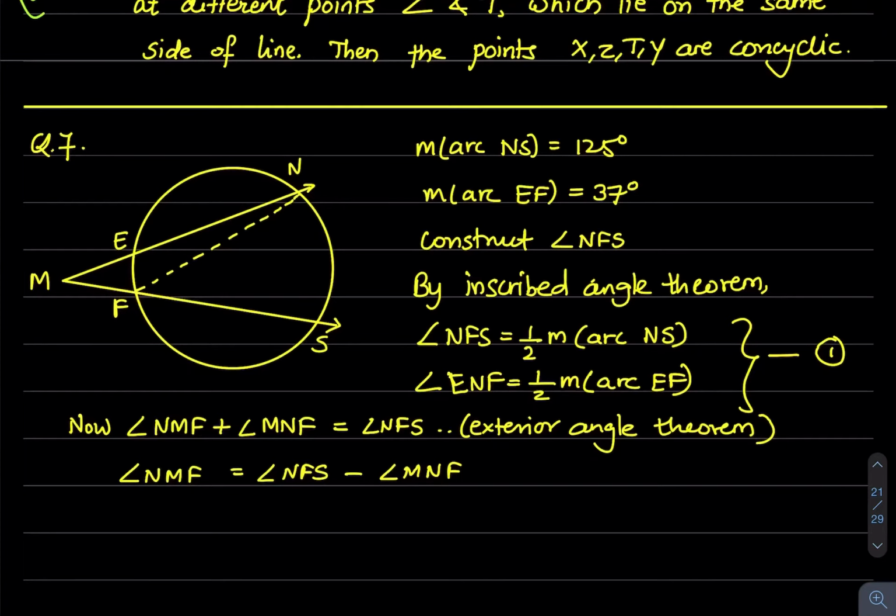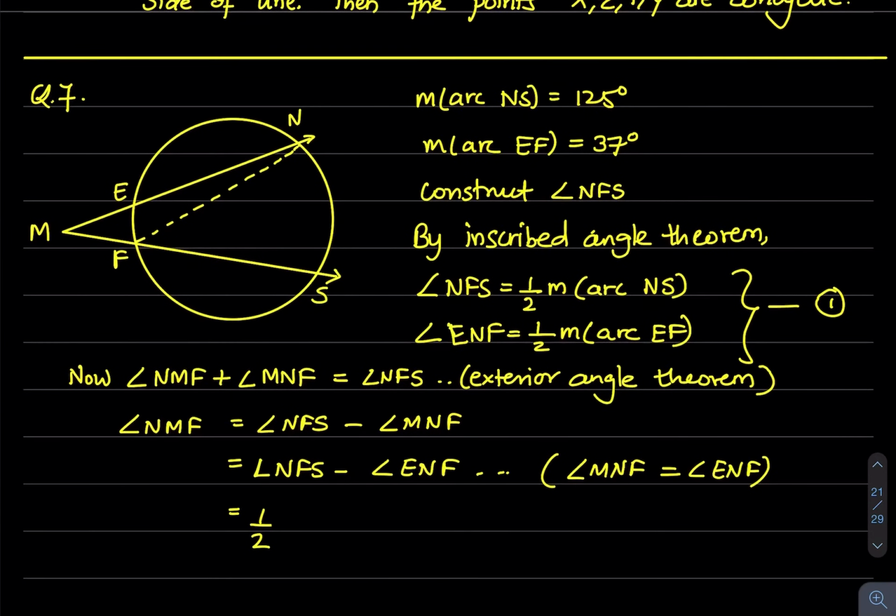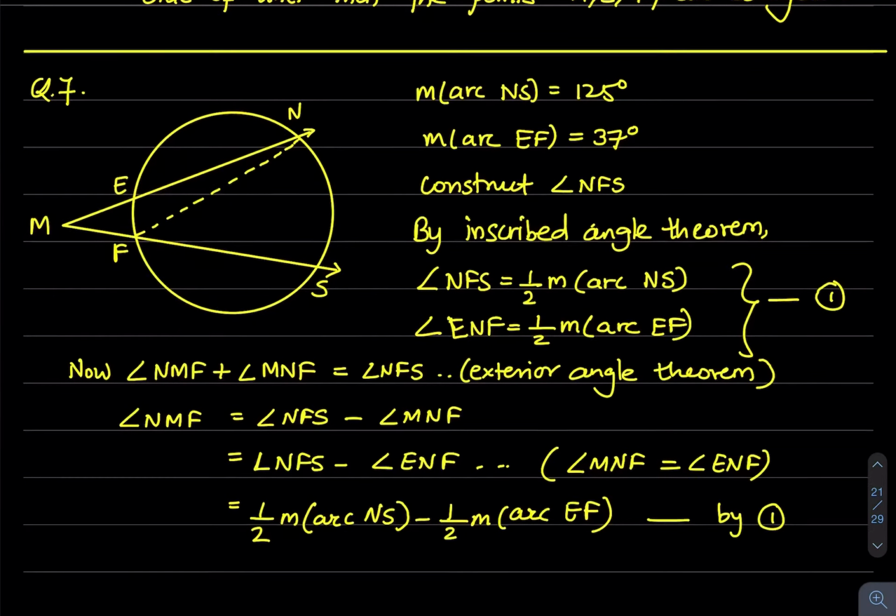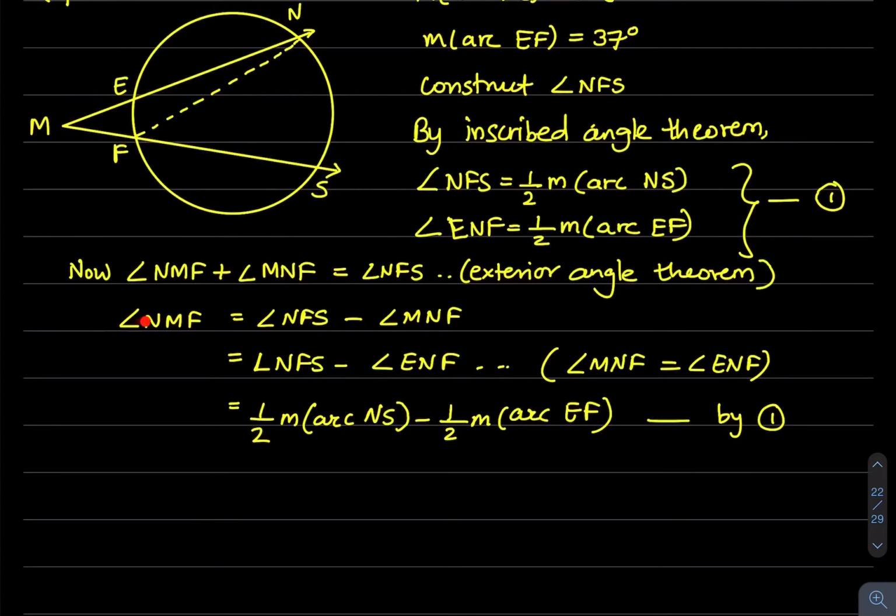Now, as MNF is the same as ENF, see in the diagram, MNF and ENF both are the same angle. Using equation 1, we write half major arc NS minus half major arc EF equals angle NMF.